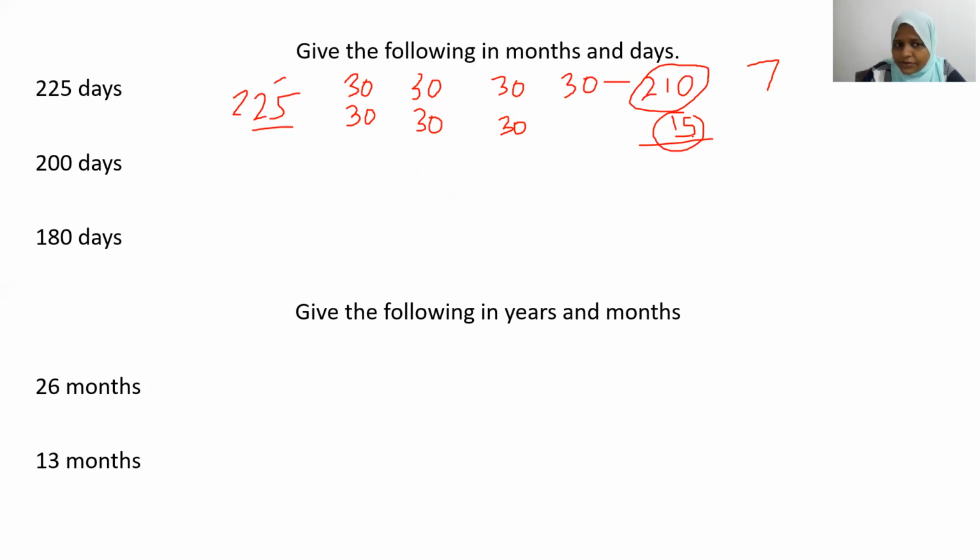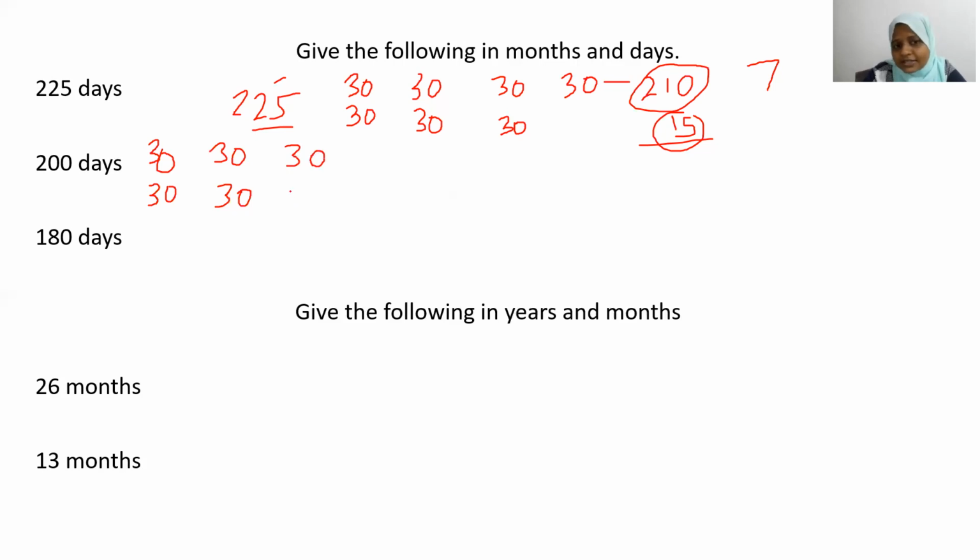Let me do another one for you. 200 days. What you do is write 30. Okay, I'm giving you an easy way. 30 and 30 are 60. Again a 30, 90. Again a 30, 120. Again a 30, that is 150, and another 30 is 180.